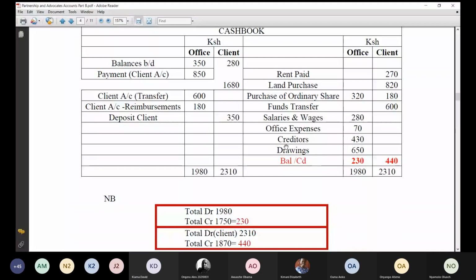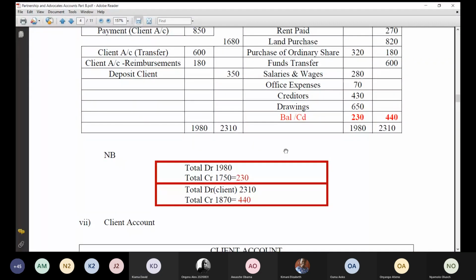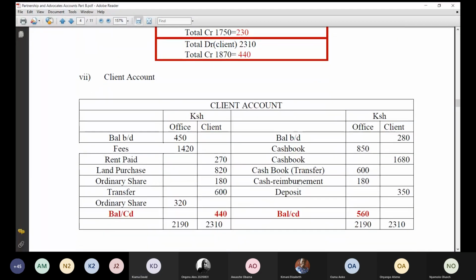So in our client account, this increases what we owe to the client. So that is why it is credited. It is the client who is giving us that cash of 350.